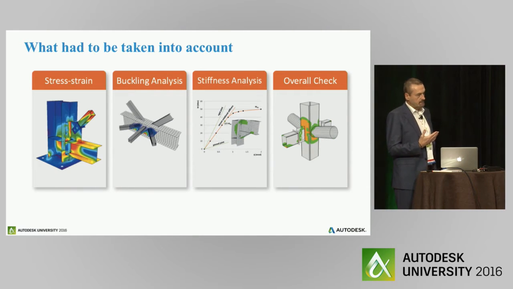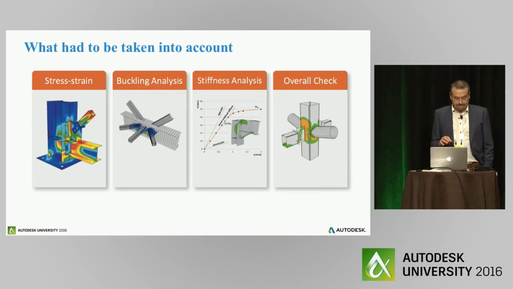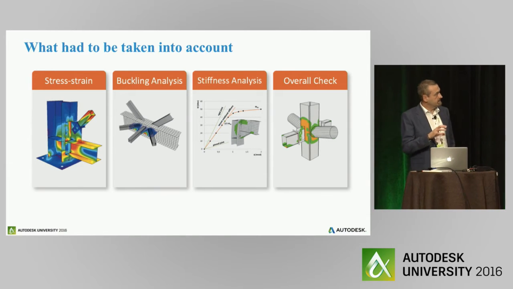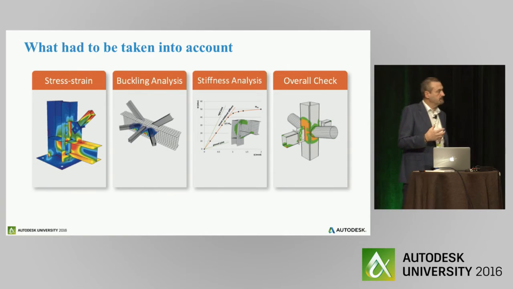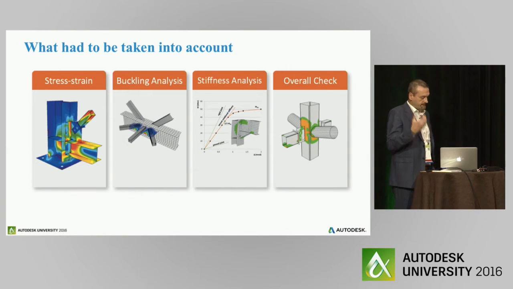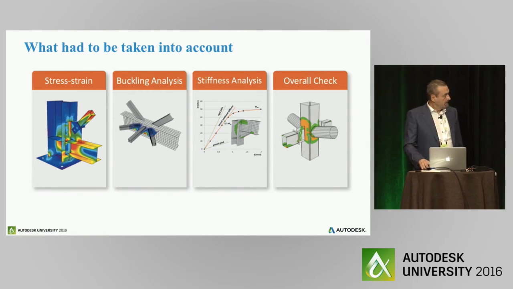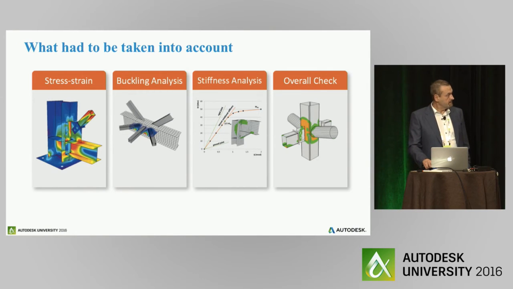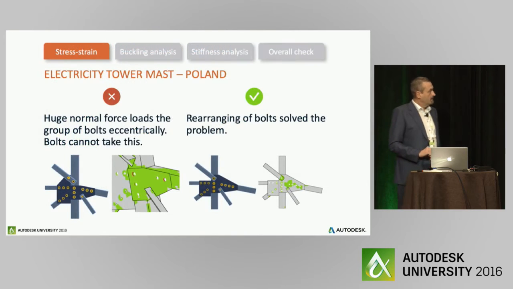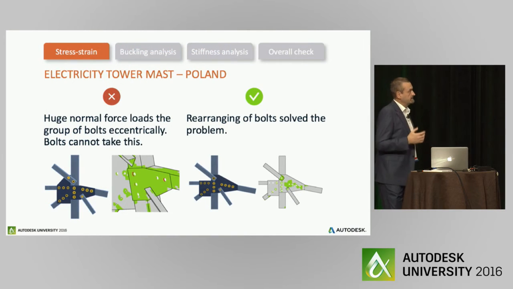We can also do buckling analysis, so the local buckling in the joint can be analyzed. We can analyze the stiffness of connection of any member to the joint, and we can present the results in a very simple and understandable way. We have several real-life examples.